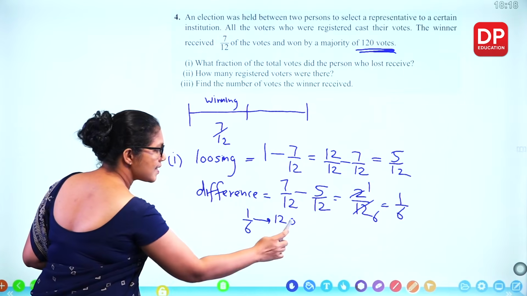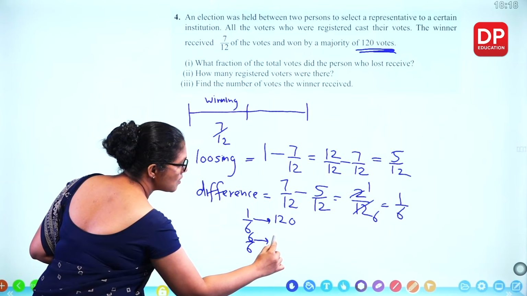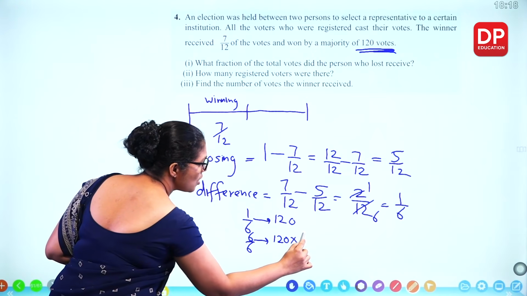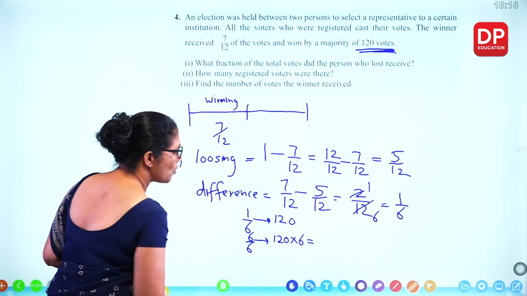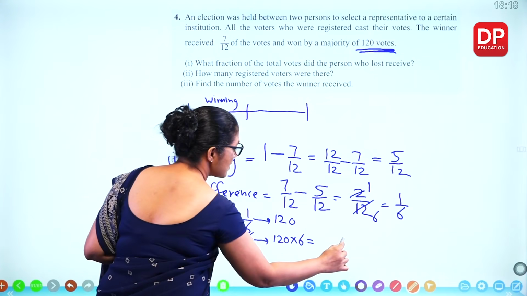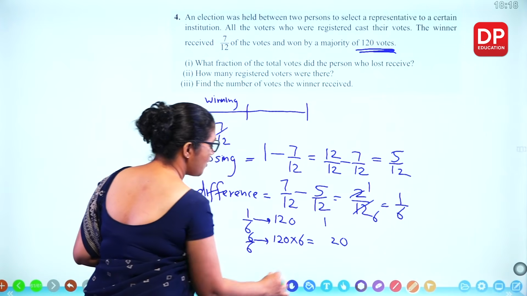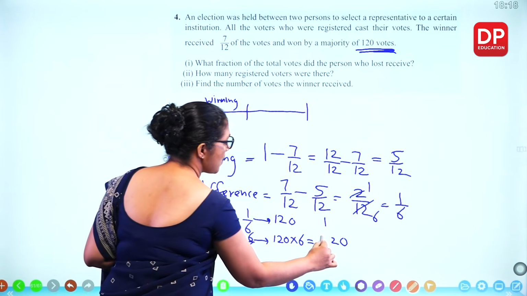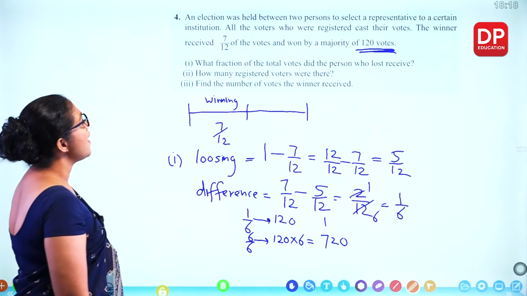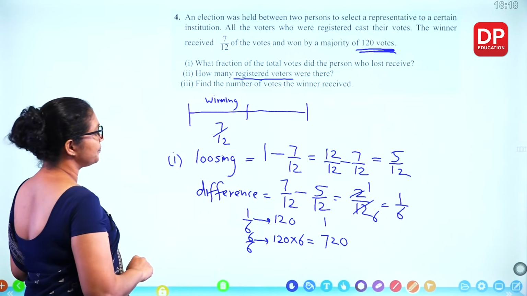So here 1/6 is 120, that means 6 full parts is 120 times 6. So what's the total number of voters? 6 times 0, 0, 6 times 2, 12, 1 remaining, 6 times 1 is 6 plus 1, 7. 720 registered voters are there.